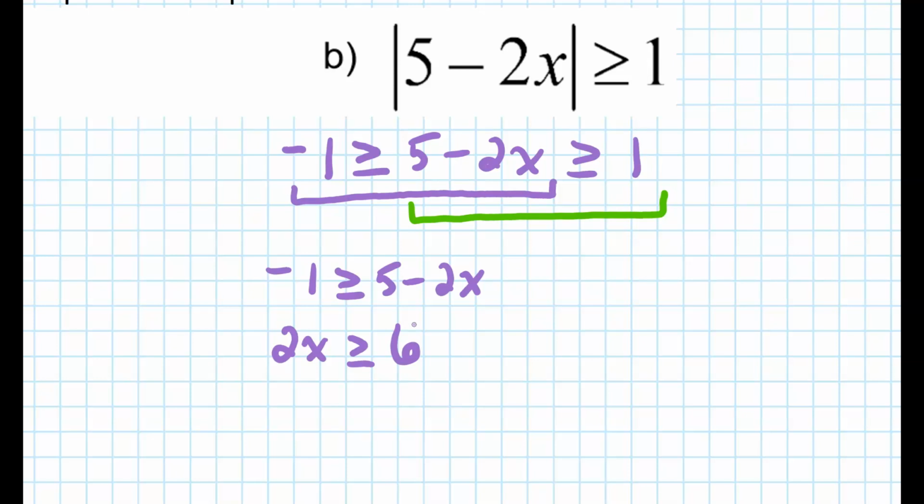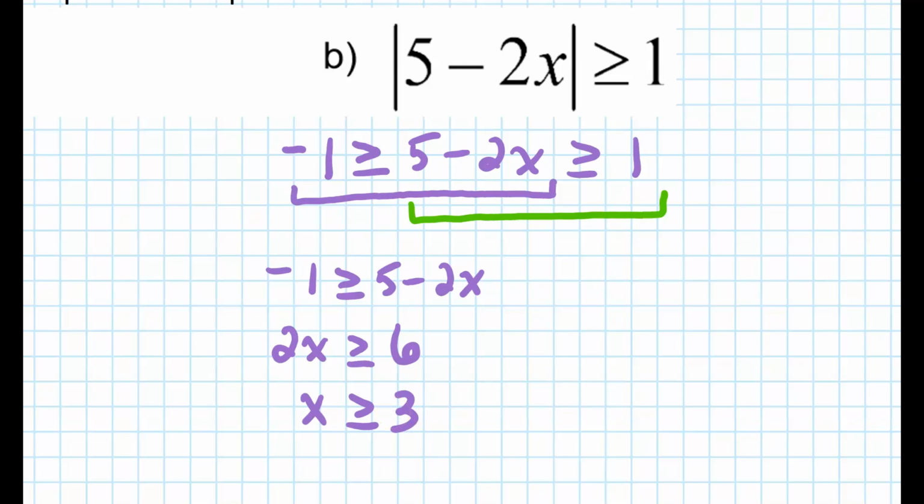You're going to have to flip the sign, which is probably why I always do it this way, because how many of you forget to flip the sign? Yeah, that's me too. I forget to flip the sign, so therefore it's better for me just to move the numbers. So in the end, this is going to be x is greater than or equal to 3. So there's our first one.